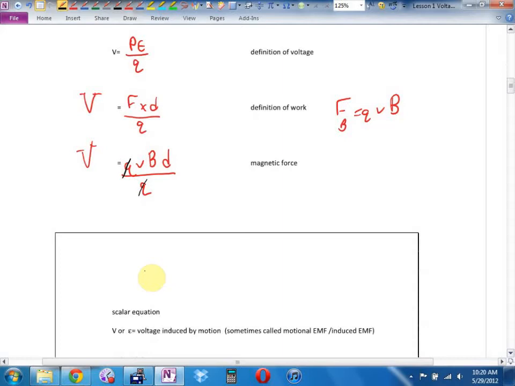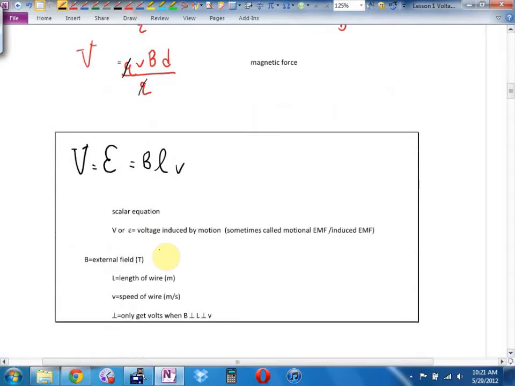The voltage, but because it's an induced voltage, we tend to use the archaic symbol EMF. This is what appears on your formula sheet. It's equal to BLV, where L is D, the length of the wire. V is how fast the wire is moving, and B is how strong the magnetic field is.